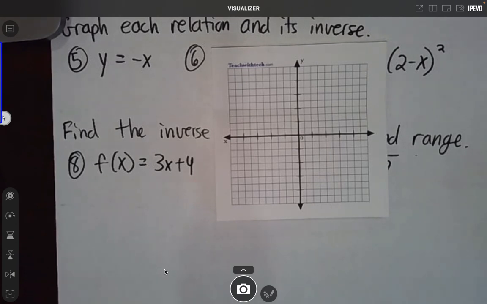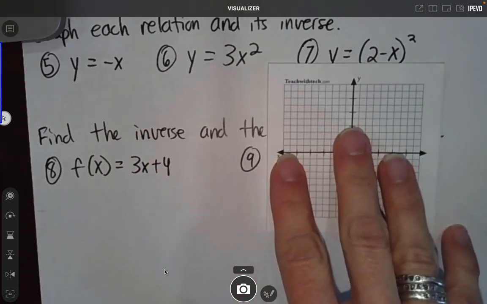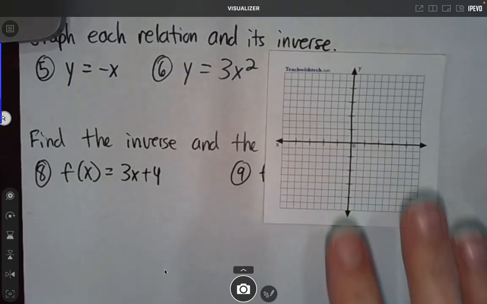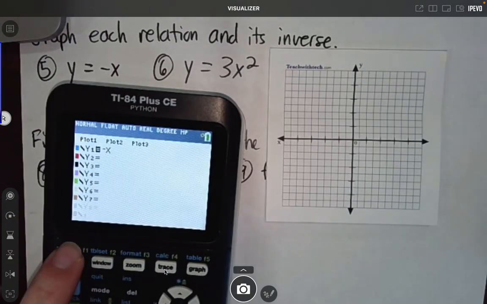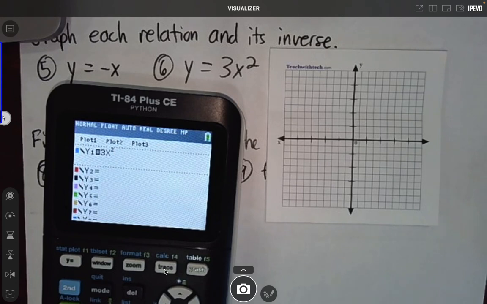Okay, number 6, 3x squared. This is a good one to do, okay? Again, this is not y'all's, all right? This is just mine. So the first thing I'm going to type in is 3x squared. What is 3x squared going to look like? It's going to look like a parabola, right? So look at you, you know your stuff.